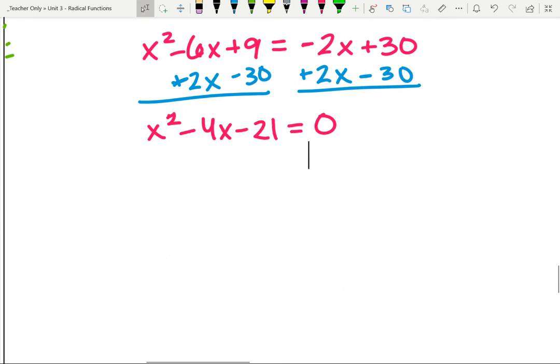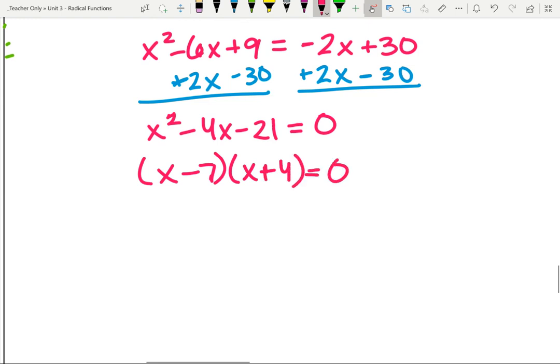Once again, if I'm comfortable with factoring, I think that's a very efficient way to do this. If I'm a little shaky on factoring, I've got the quadratic formula that I can also use here to solve this. When we factor, we would end up with x minus 7 and x plus 4 is equal to 0. And so setting both of those equal to 0, we'd end up with x equals 7 and x equals negative 4.